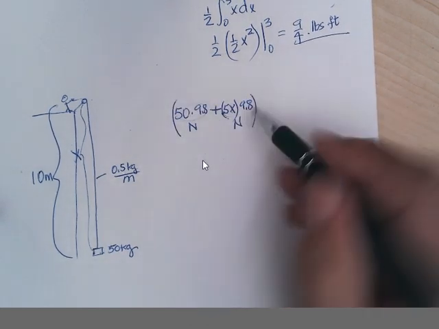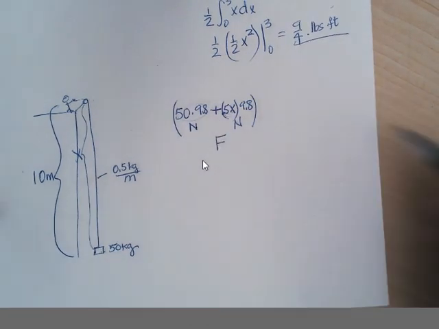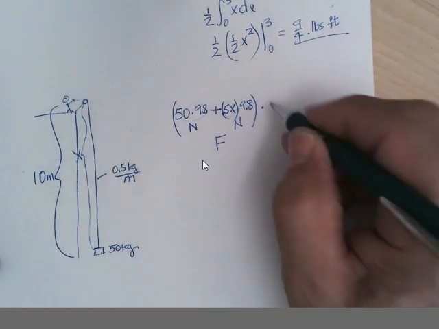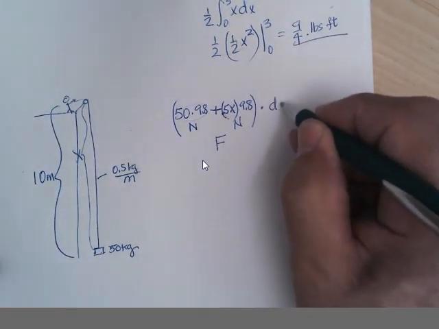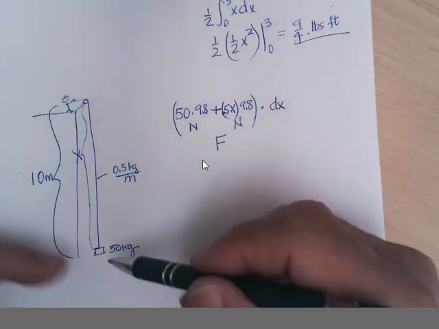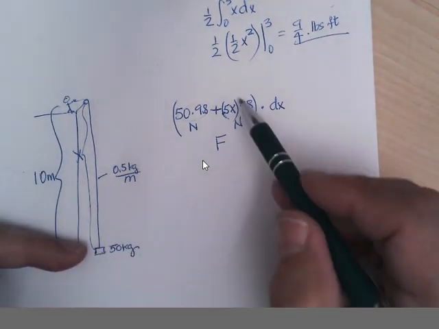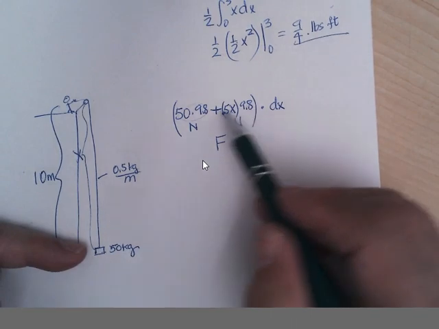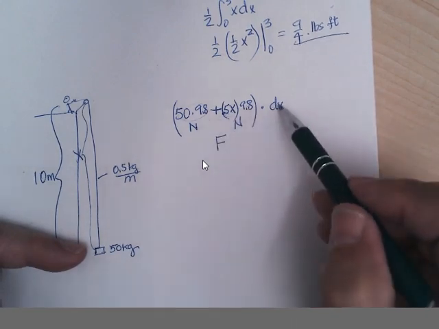All the weight is a force times the distance I'm going to lift it, and I'm going to lift it a distance dx. In other words, I'm going to lift it a little bit, then the weight of the rope has changed, so I'm going to recalculate the weight and lift it a little bit.